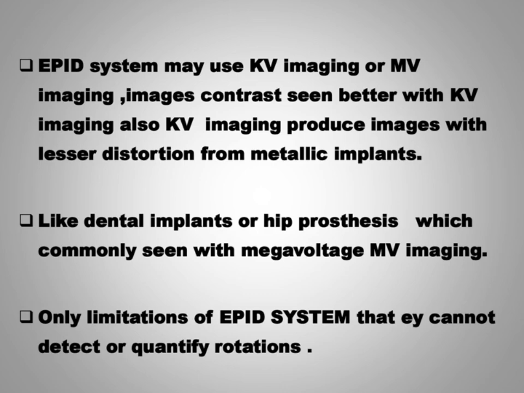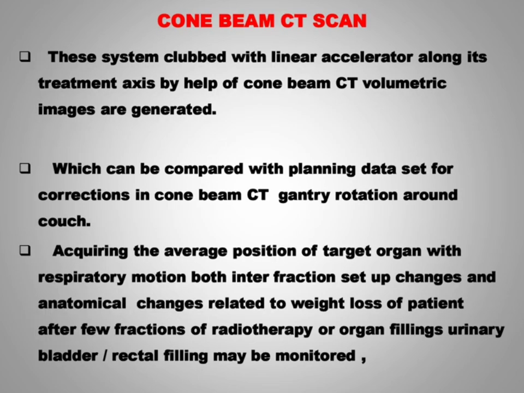So you see the X-ray beam is there and an EPID, and then the beam is delivered, and a 2D image is formed by the electronic portal imaging device. Some modern electronic portal imaging devices also have dosimetry, so we can assess the dose received, but it is used more precisely as an imaging system.